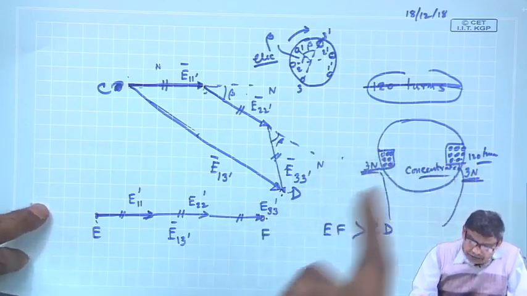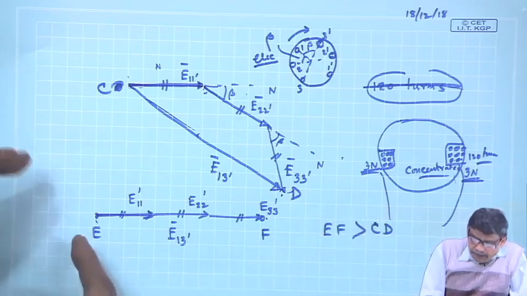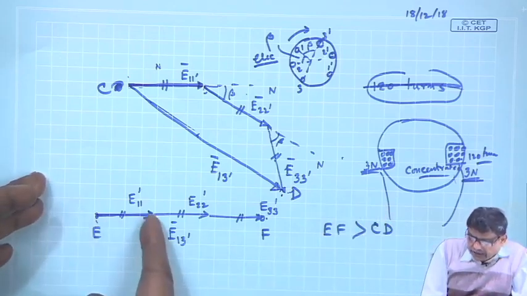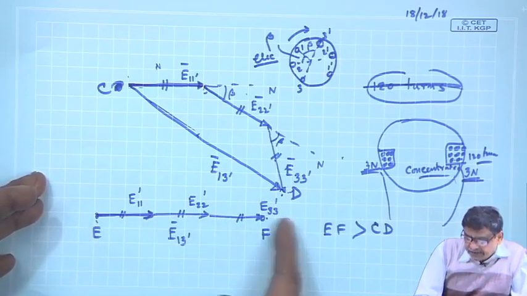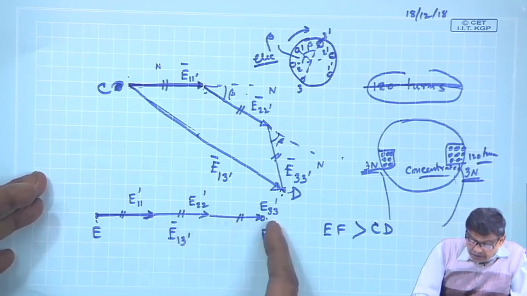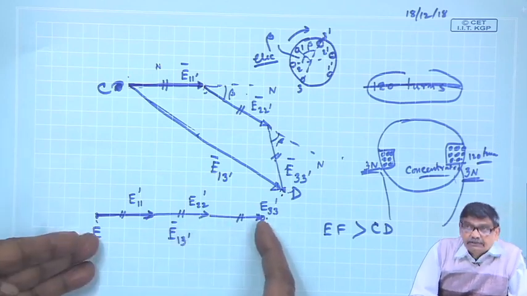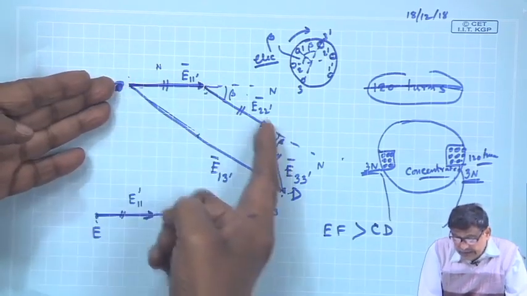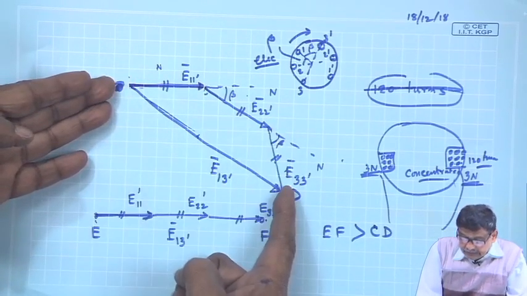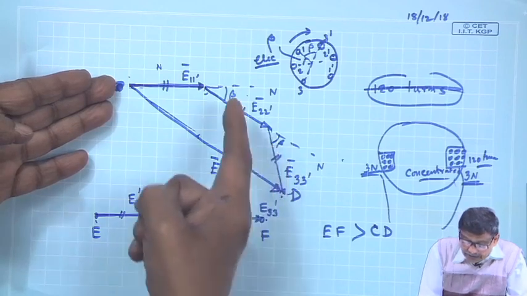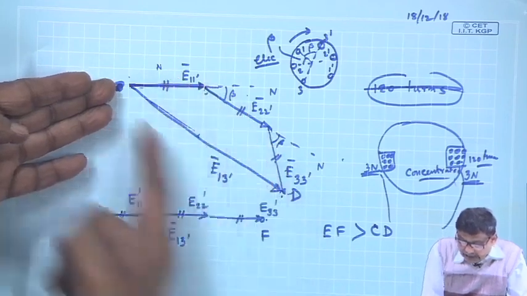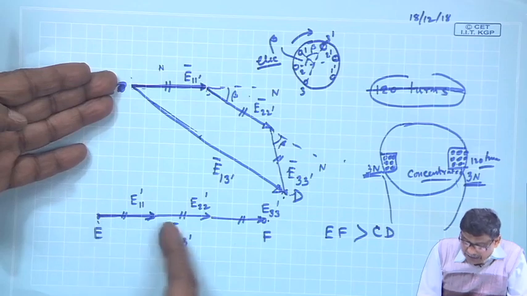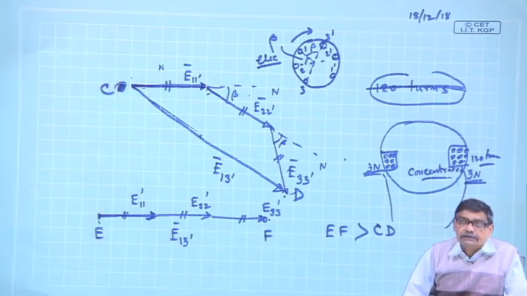He will claim that E1 1 dash, 2 2 dash and 3 3 dash are cophasal and you get maximum voltage, because the algebraic sum of this plus this is less than this. Here it is as if you are adding these 3 voltages algebraically.